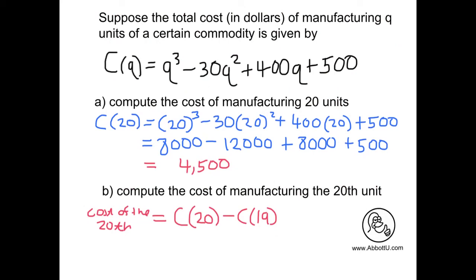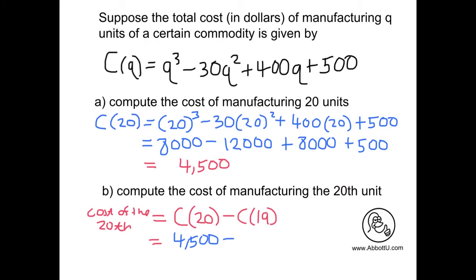But the good news about this scenario is we're already halfway there, in that we already have C of 20. So C of 20 is 4,500. And that leaves us in a position to find out what C of 19 is.